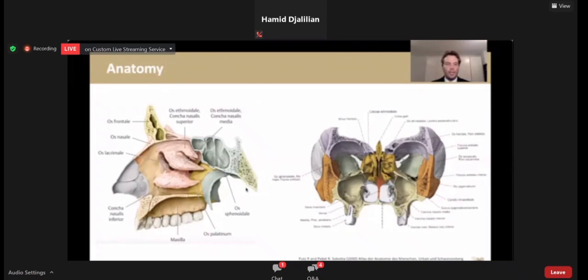You see over here, and then we have the middle turbinate, which is directing the airstream to the olfactory epithelium and is also covering the ethmoidal cells. And you all know that in the middle meatus, we are starting the functional endoscopic sinus procedures. So this is a very important landmark we will see later on.